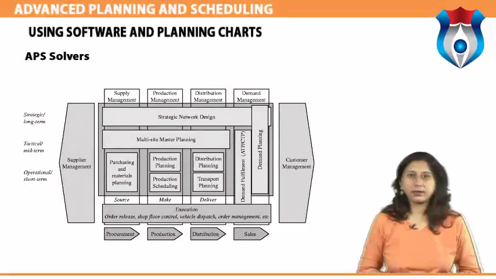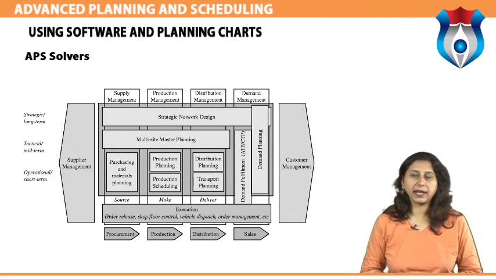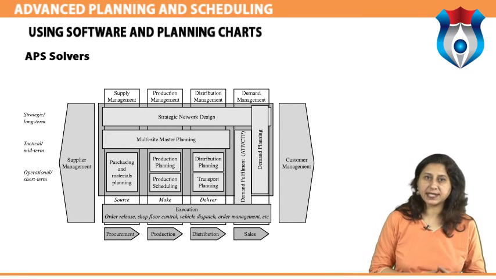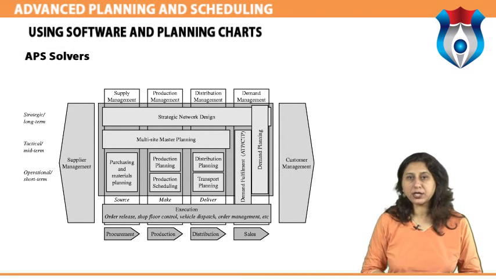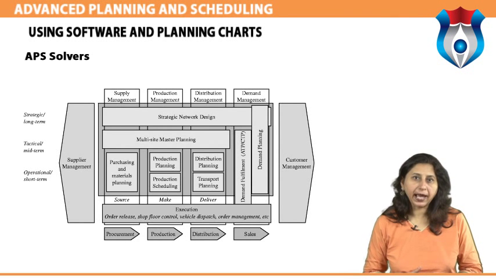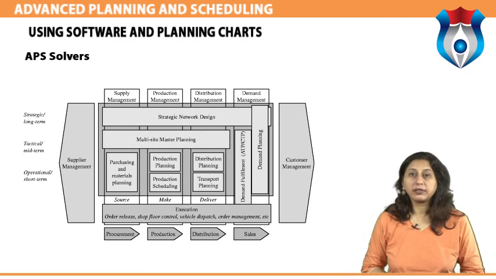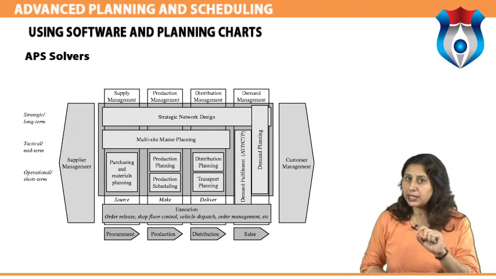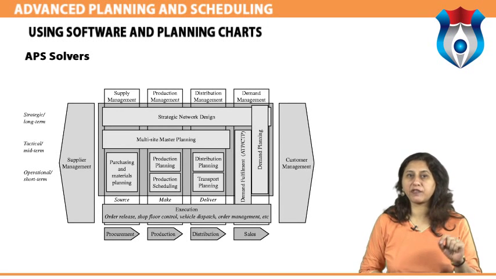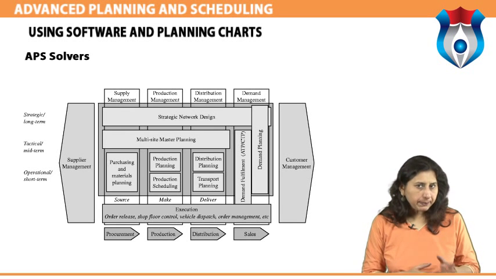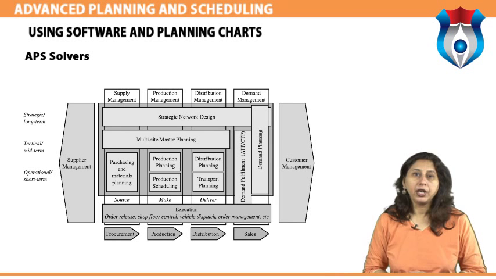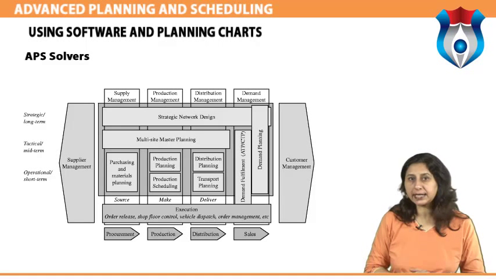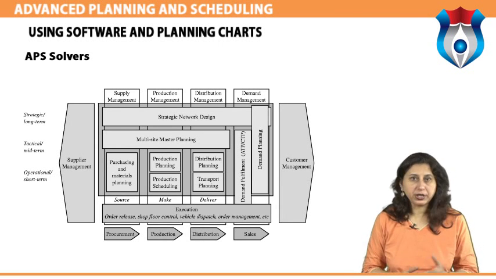APS solvers. A significant advantage of APS tools over their predecessors in planning technology is the powerful mathematical solvers that allow APS tools to make intelligent supply chain planning decisions. The term solve is a loosely used one in the context of supply chain software, but depending on the problem being modeled, a variety of optimization, heuristic, and/or statistical methods may be applied to develop a solution.